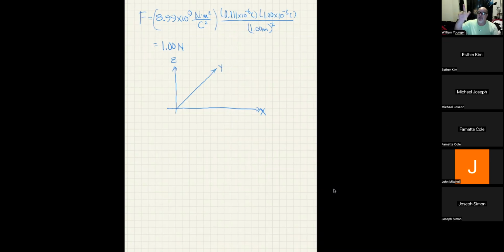So everybody see how I'm holding my hand like this? It's a very small picture, so it's kind of hard to tell. So I'm rotating it. See how I hold my right hand? My index finger is pointing out, my middle finger is pointing perpendicular to it, and my thumb's perpendicular to both of them. So if you hold your right hand like this, then your index finger parallel to the x-axis, and then rotate it until your middle finger is parallel to the y-axis, then your thumb's telling you the direction that the positive z-axis has to go.